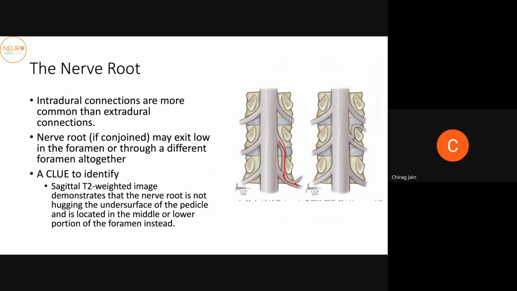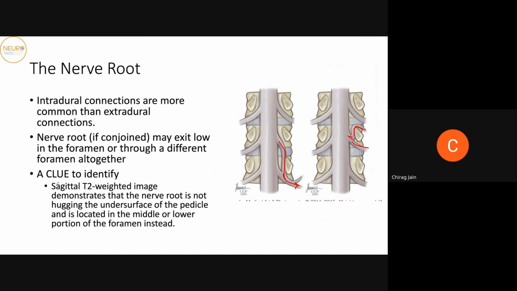So that is two nerve roots exiting from the same foramen. Here again, you can have a disc at a higher or lower level and a radiculopathy at a different level, and you can get very easily confused. Another thing which can happen is that the nerve roots can join together or arise at the same level and then divide and run out. So this can be difficult to identify.